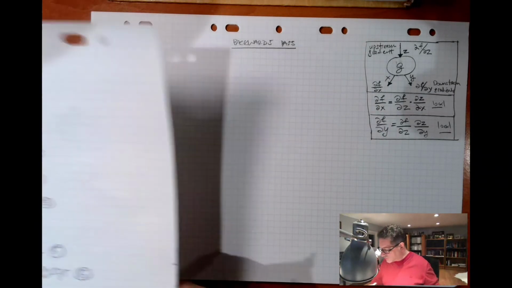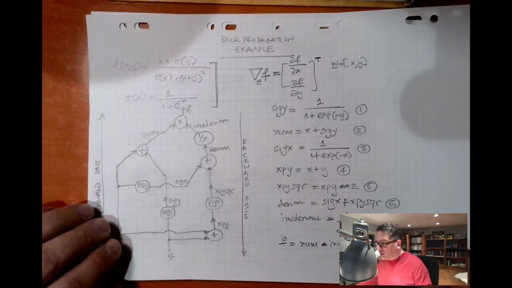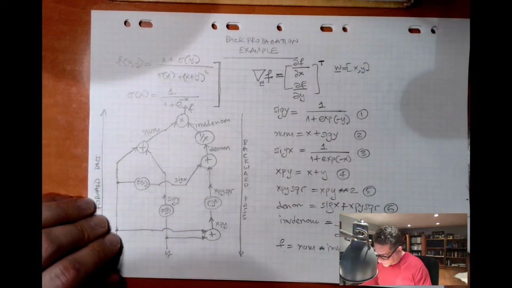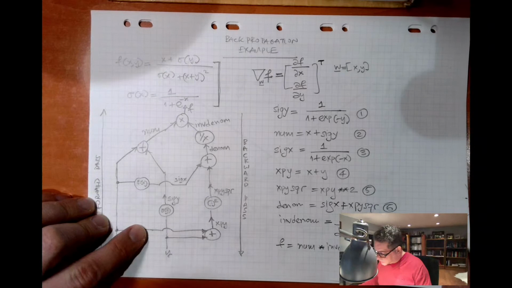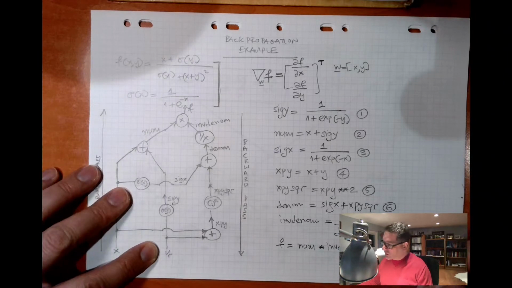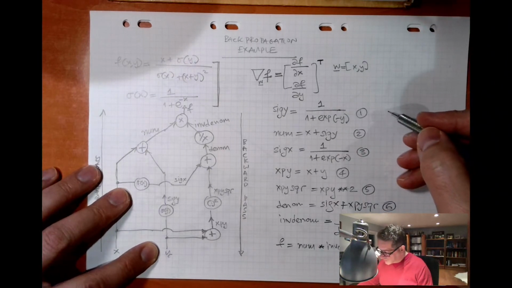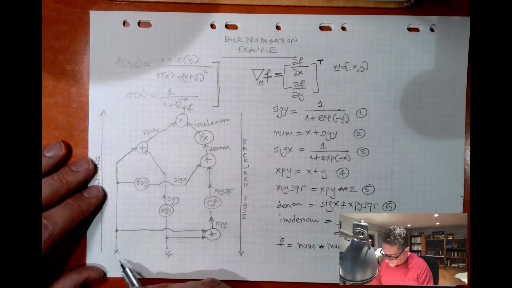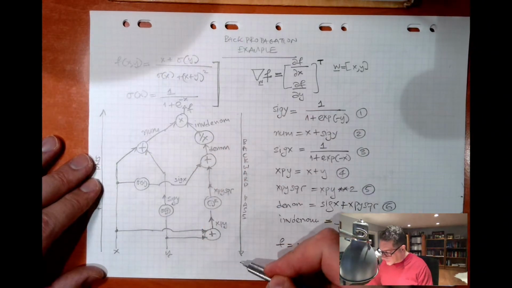This is the computational diagram that we have, and in this case we need to introduce certain variables. We will start from the top of the diagram, which is equation 8 here, and go all the way back into the variables x and y. So we'll go in this direction.